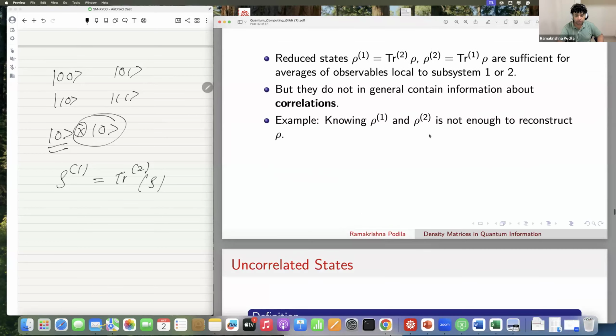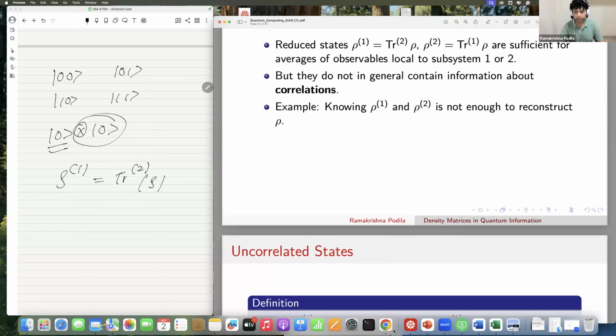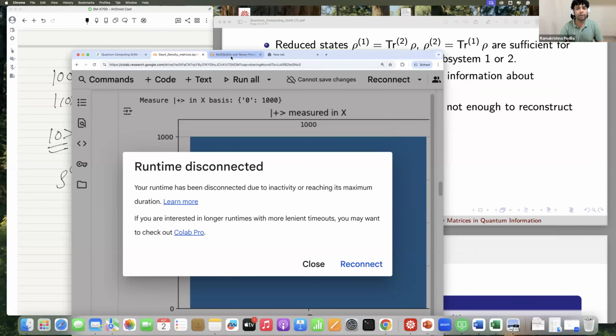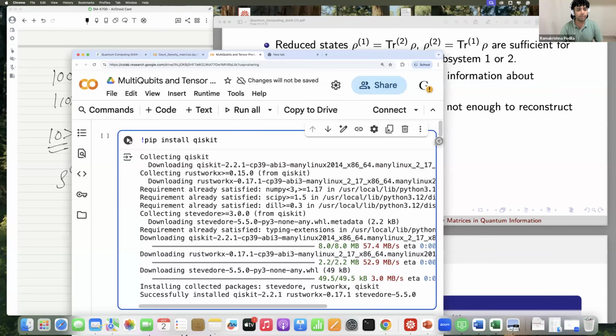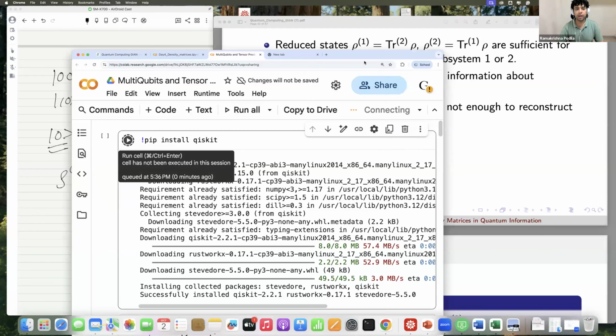Okay, so let us go quickly to the code that we have here, and then let's do this multi-qubit. Are you able to see the code? Okay.